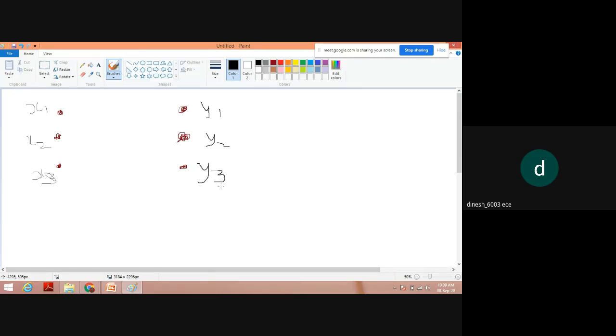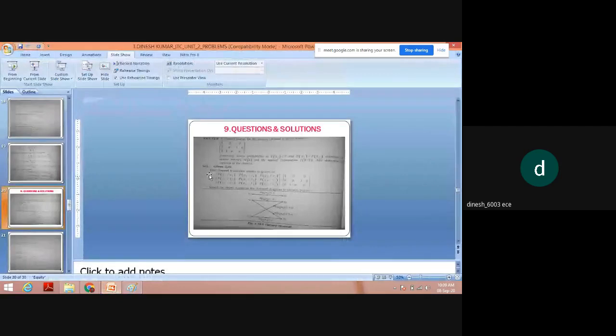So 3 inputs, 3 outputs. So now see the question. Let me navigate to the question. Question is, we are assuming P of x1 is equal to P of x2 is equal to P of x3. Okay. So how to draw this?